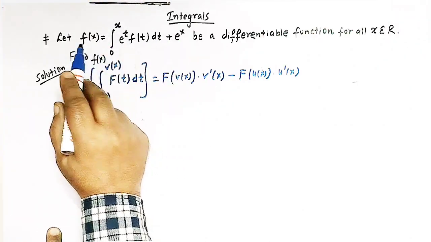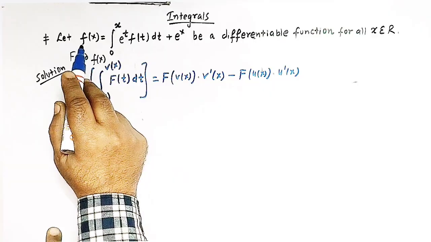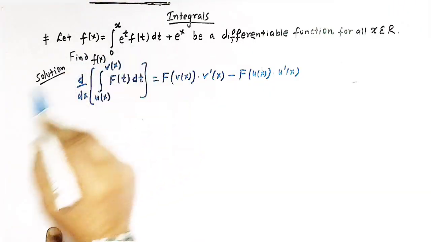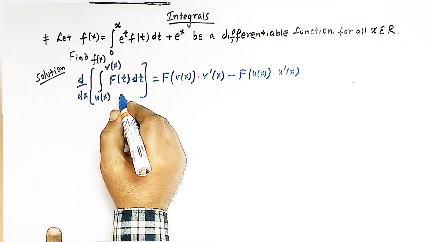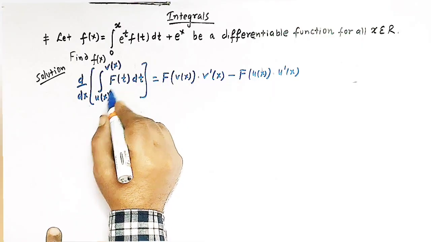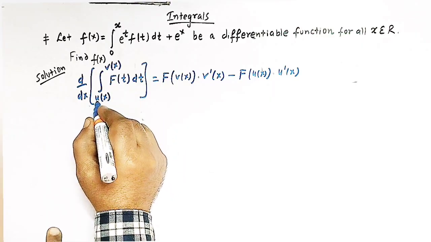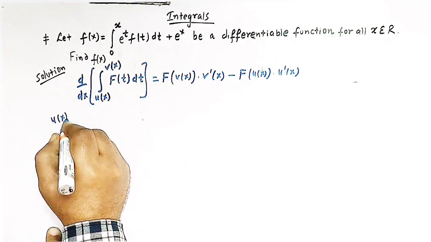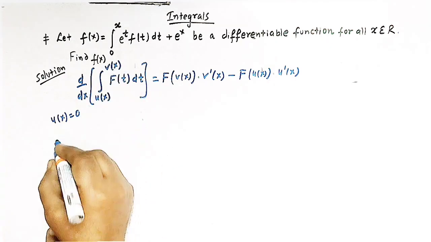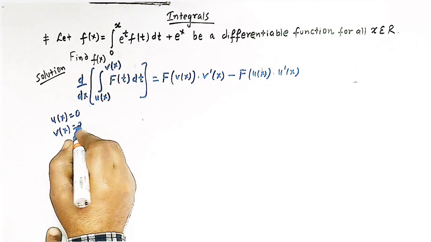Here we'll apply this rule to find out the derivative of these two sides, that is the left hand side and the right hand side, right? So here we'll slightly modify this rule, and let us consider u of x as 0 and v of x as x, right?